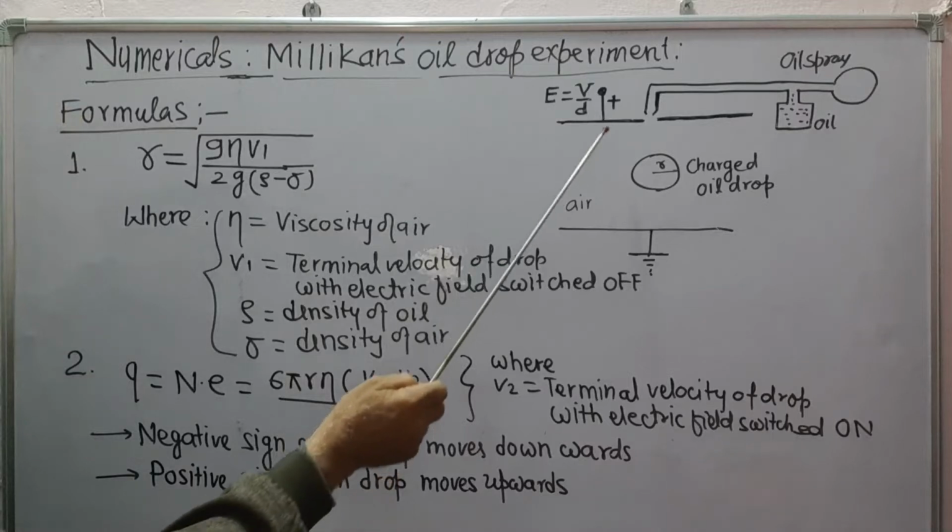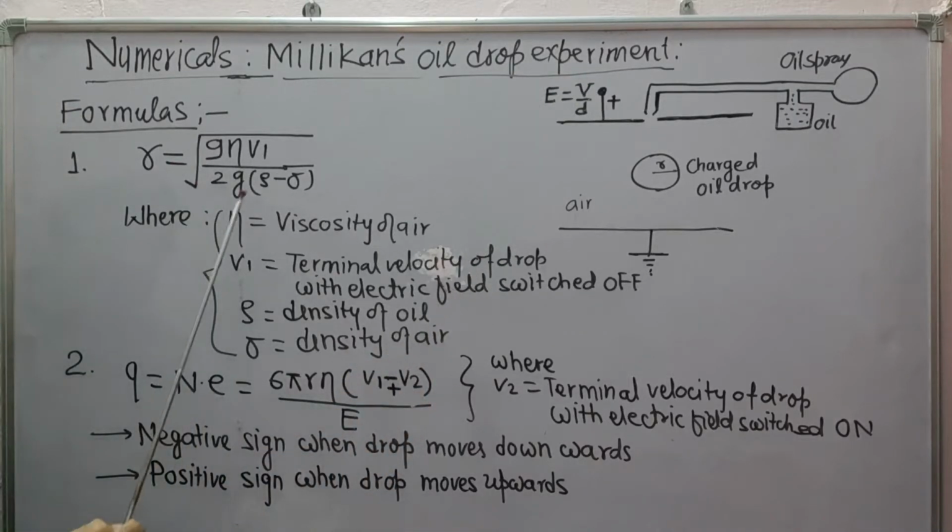In the absence of an electric field, if V1 is the terminal velocity of the charged oil drop, then the radius of the drop is given by the relation R = sqrt(9 eta V1 / (2g(rho - sigma))), where eta is the viscosity of air, rho is the density of oil, and sigma is the density of air.